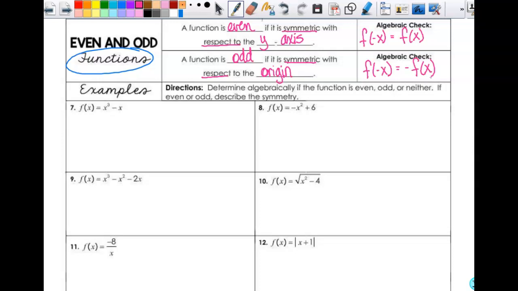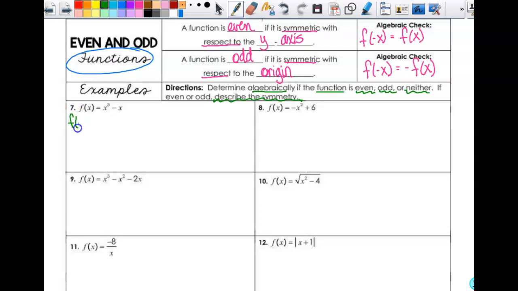All right, so let's look at how this is going to work. This says determine algebraically if the function is even, odd, or neither. That means we're not graphing it to look at it. We have to understand what to do. And then it says if it's even or odd, describe the symmetry. So there's some words that we have to use with this. So I'm going to take f of negative x.